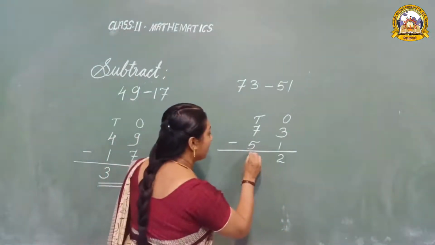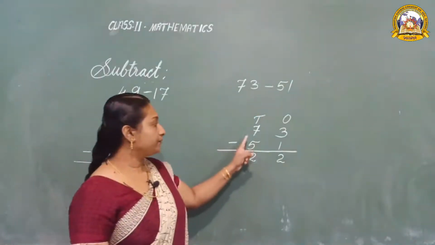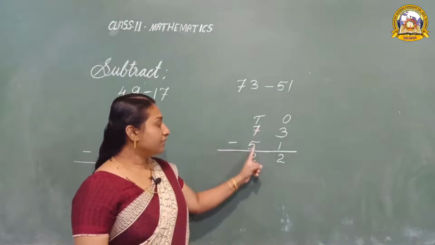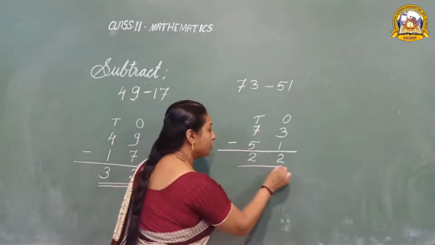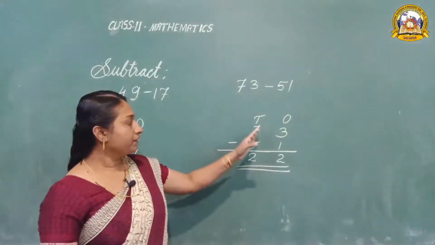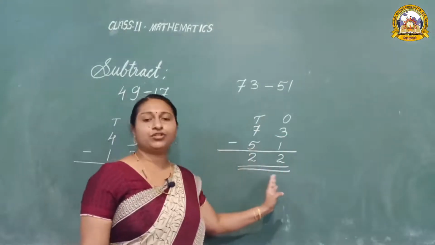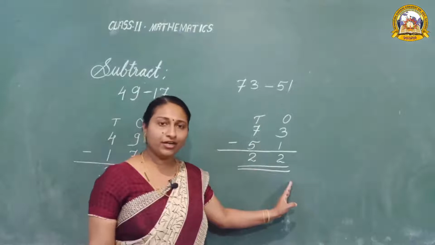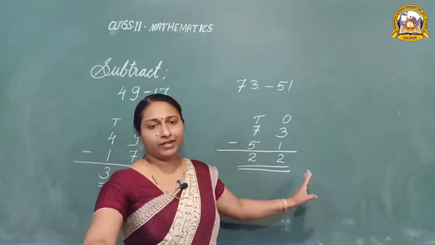Here also we can write 2. Okay. 7 minus 5, 2. Our answer is 22. 73 minus 51, 22. Okay, did you get it? Okay, you can do the remainder of the work.